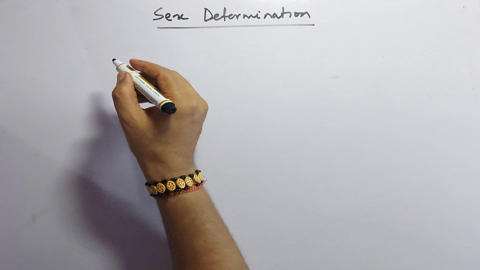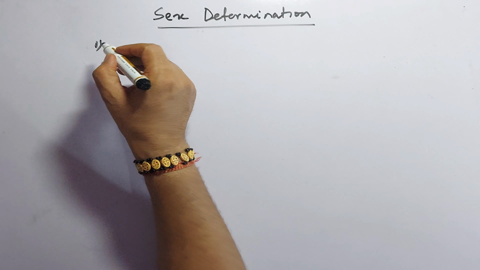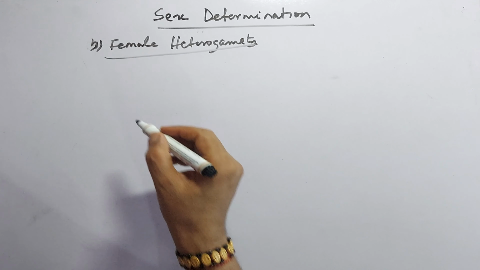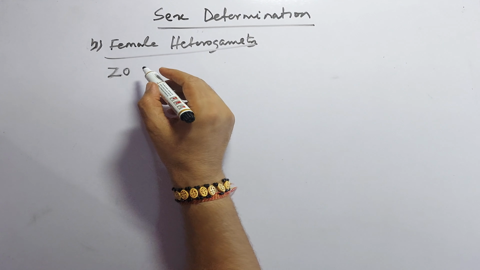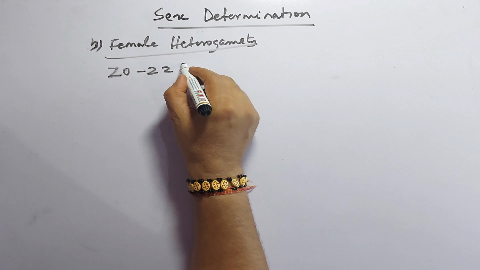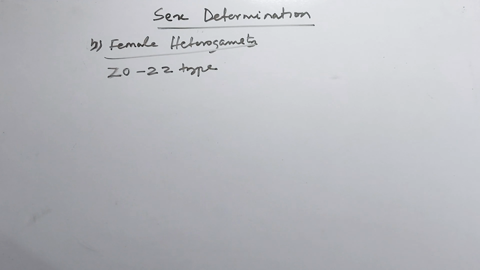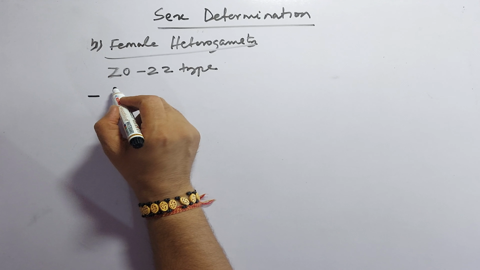This is also female heterogamity, and here we will find ZO and ZZ type. This mainly occurs in butterflies.